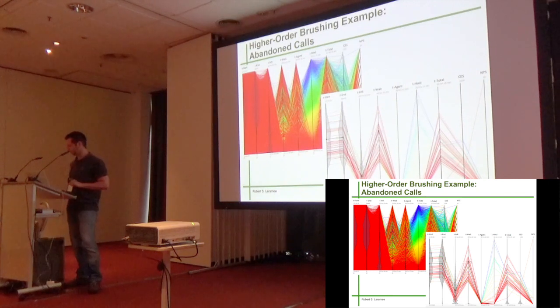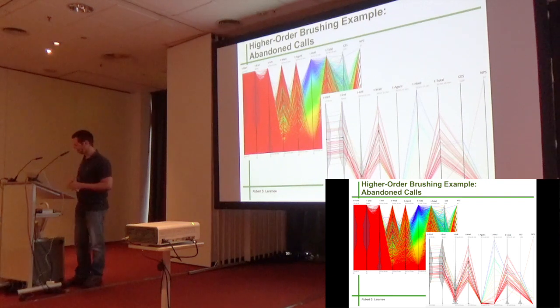And then a higher order brush pattern that identifies a very special set of abandoned calls very quickly. So it narrows down 230K calls to a special set of abandoned calls in just a few seconds. And abandoned calls are something that QPC likes to look at because they want to minimize the number of abandoned calls.